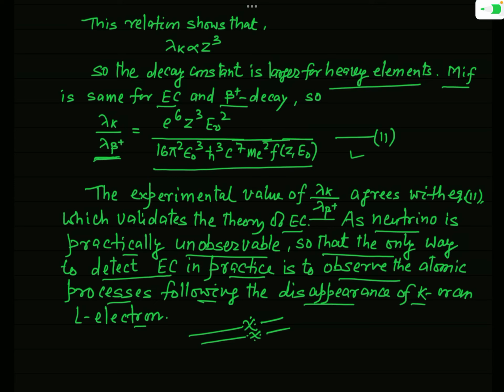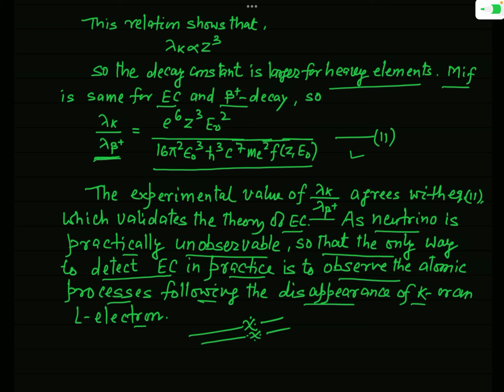In fact, when the electron of the K cell is captured, that vacancy of electron is filled by an electron of a higher cell, and in this condition X-rays are emitted. I have not written it here, but you should know that the vacancy created in the K cell will be filled by the electrons present in the higher cell, and the extra energy is released in the form of electromagnetic radiation.